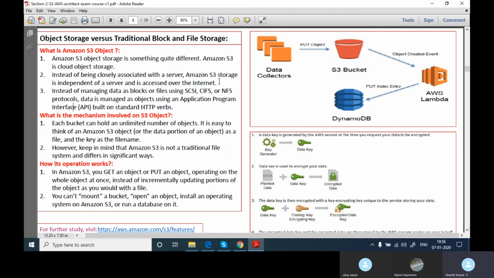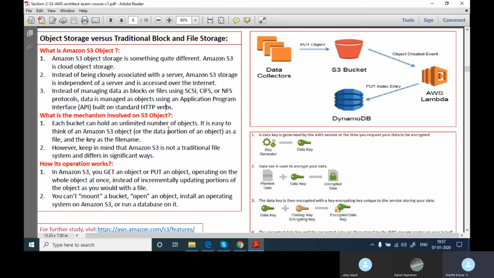Instead of managing data as blocks or files using SCSI, CIFS or NFS protocols, data is managed as objects using an application program interface built on standard HTTP. Basically it is built on the web. How it is done and how it is managed, we'll see.